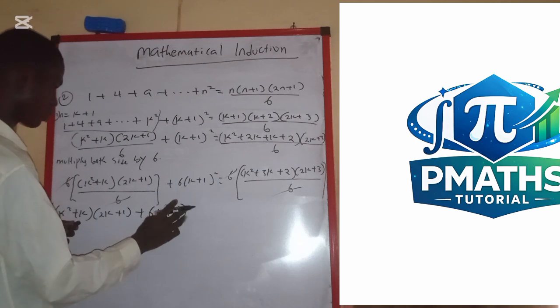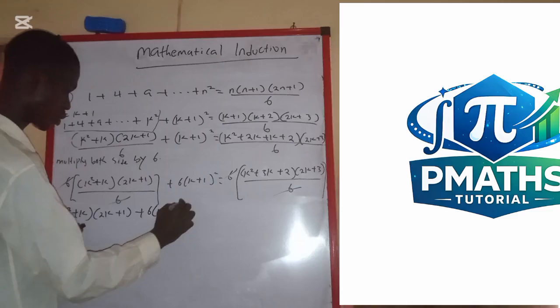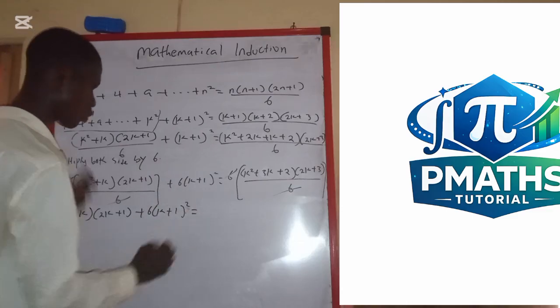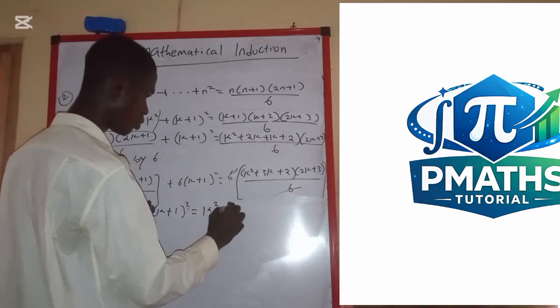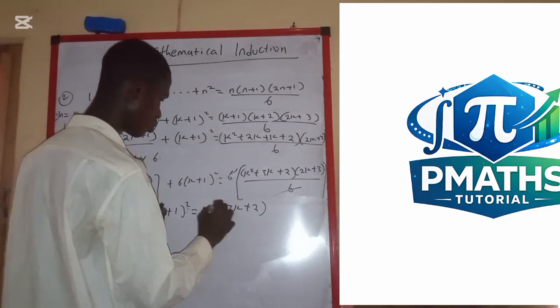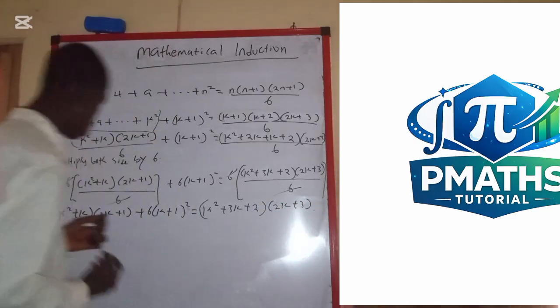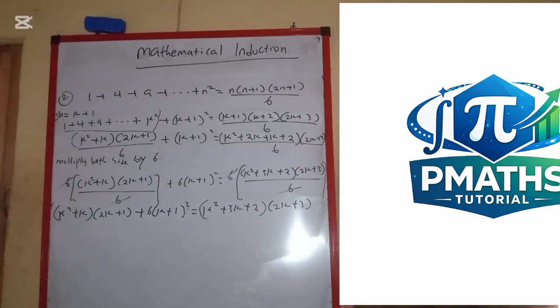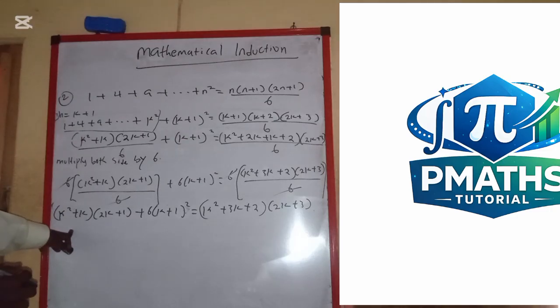Yeah, just put it that way. I'll just put 6 bracket k plus 1 squared is equal to (k squared plus 3k plus 2)(2k plus 3). This is going to be long. So what is common here? There's nothing common here.